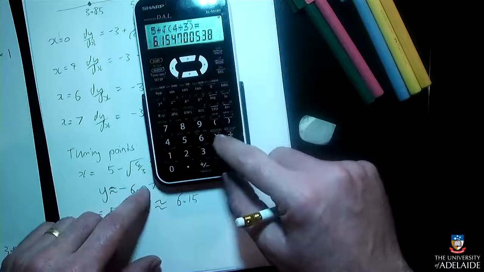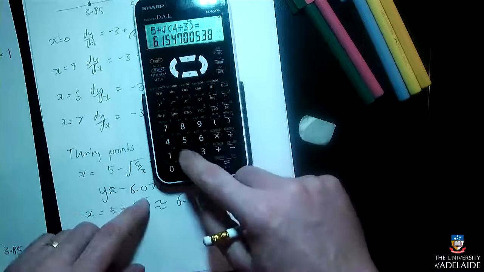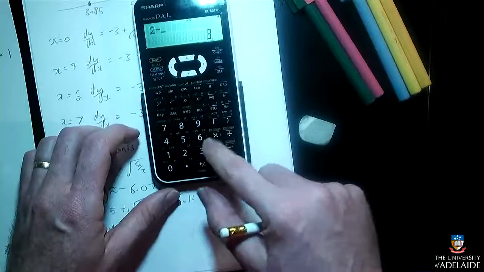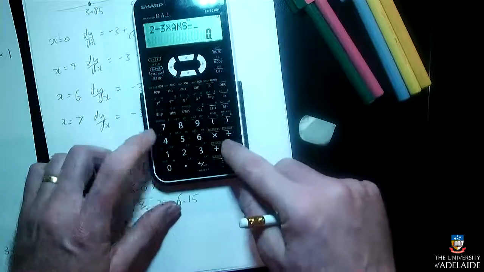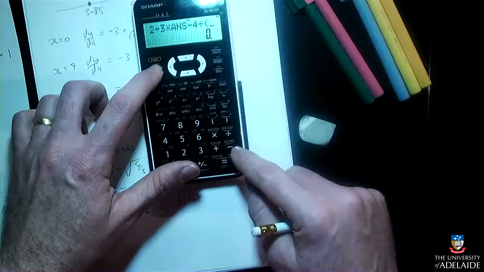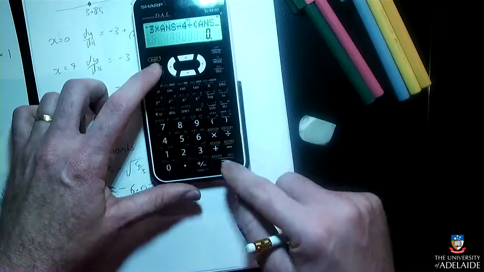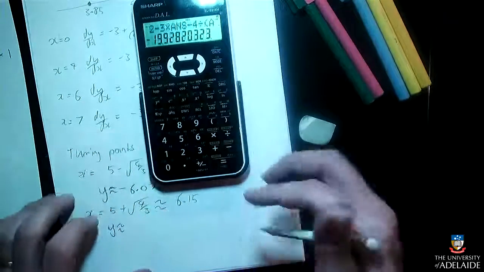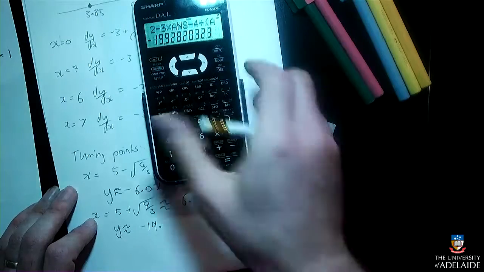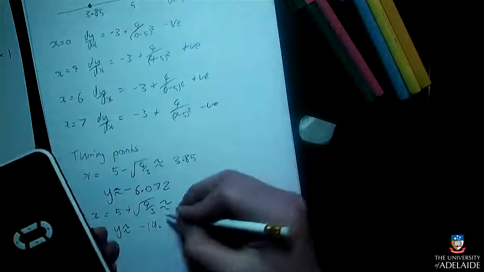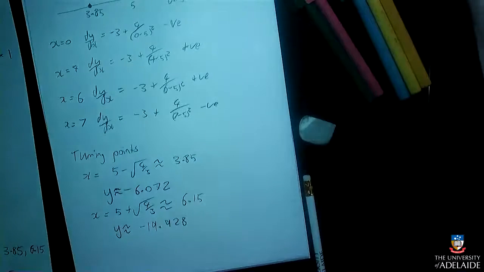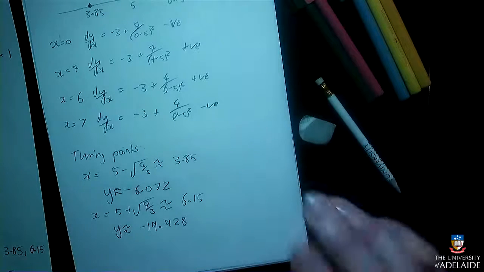And then we go 2 minus 3 times that answer, minus 4 divided by that answer, minus 5. Wow. Really? There you go, 19.928. That's really far down. Wow. Okay. Good-o.